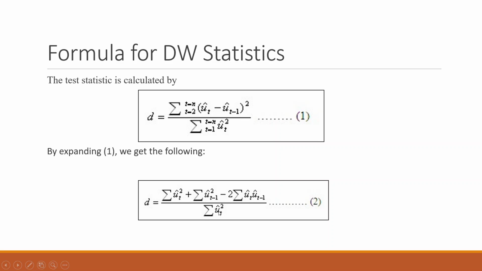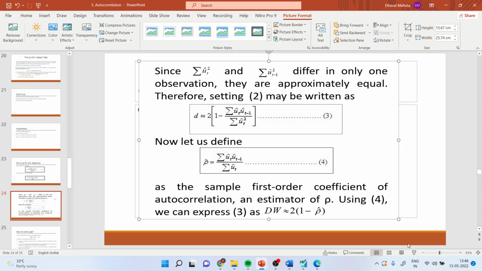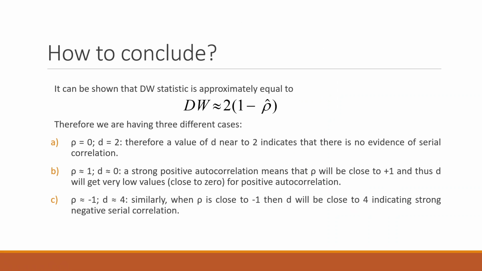Now when I divide, I get 2 minus 2 times the summation of mu t mu t minus 1 over the summation of mu t square. So the equation is D equal to 2 into 1 minus that ratio. Now the rho estimate is this value. My Durbin-Watson is equal to 2 into 1 minus rho hat.